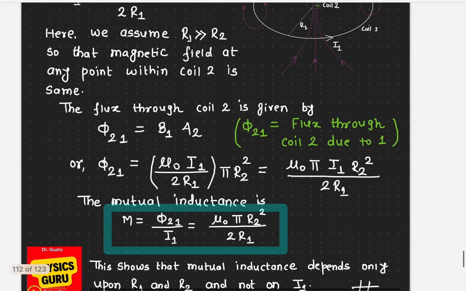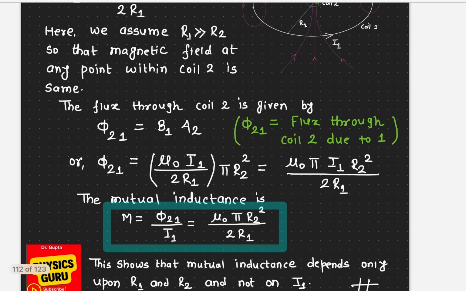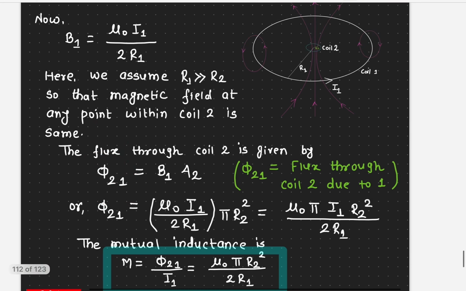So phi 21, what does this mean? It is the flux through coil 2 due to coil 1. So how do we find this flux? It is the magnetic field times the area vector. The other reason for assuming the radius R2 is smaller than R1 is so that the area vector and the magnetic field vector are in the same direction.